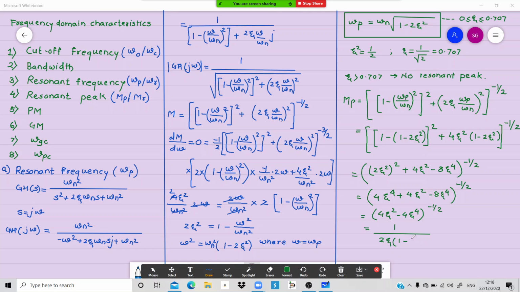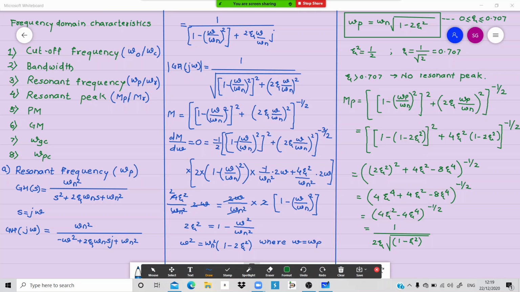So zeta square, and definitely we have to put root sign for this. Just a minute. Yeah, so I'll put root sign. And initially it was 2 zeta, right?